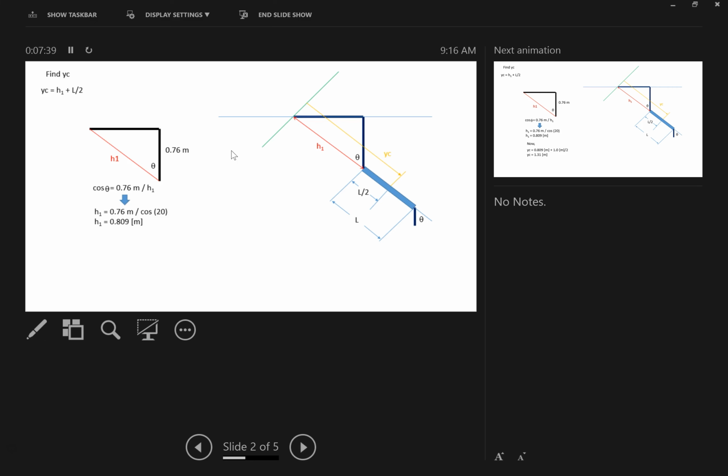Well, do some algebra and some trig. This was the angle that was given, and if you do your algebra and trig, you would find that this right here is theta 2. All right? So this distance from the top of this rectangular window to the free surface was 0.76 meters. Here's our angle, and we're looking for this. So what I did was I did cosine of the angle.